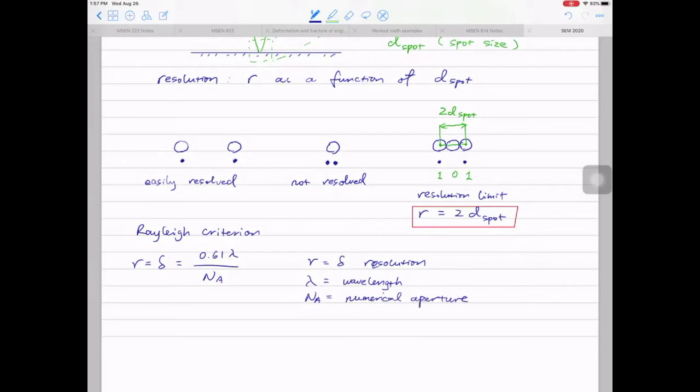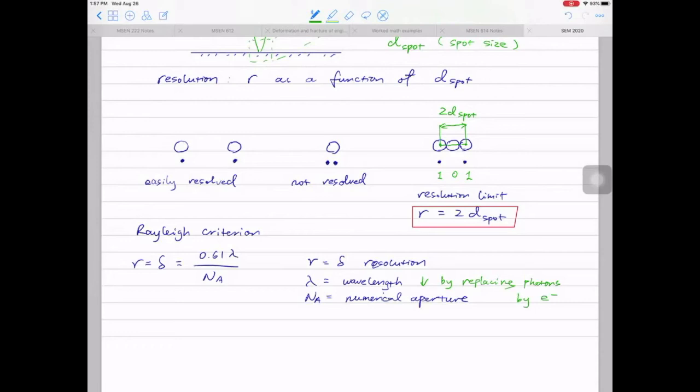Numerical aperture is a function of refractive index as well as the angle of collection. We'll not go into details of NA, but if we look at the equation, by replacing photons by electrons, we reduce lambda.